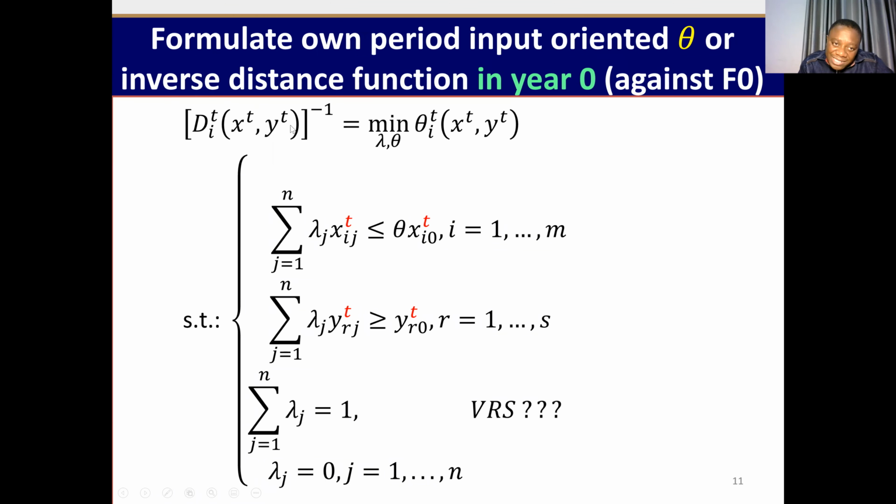Now, this answer is the reciprocal. So the reciprocal of this is what we are looking for. That's why you have the power negative 1. To the power negative 1 is simply 1 over the distance function value.